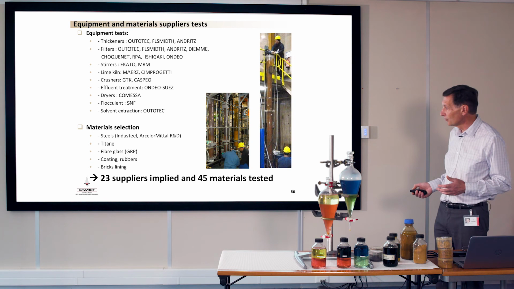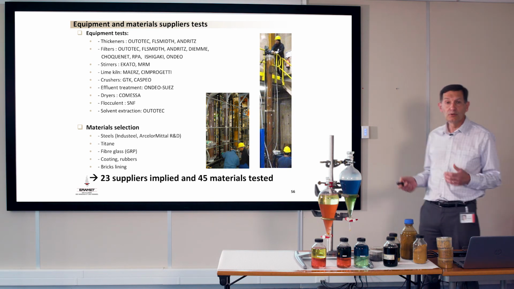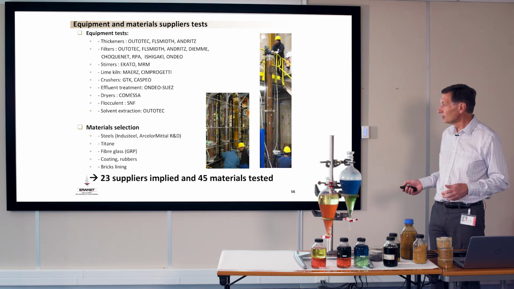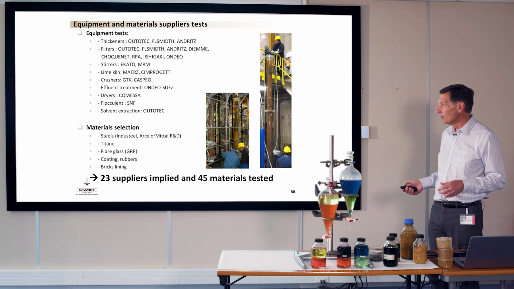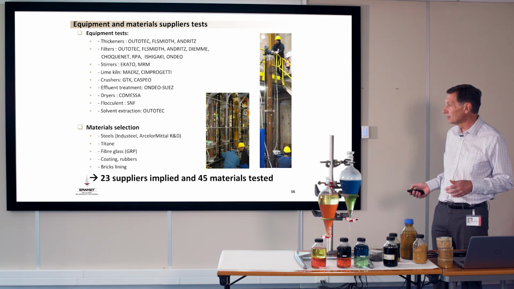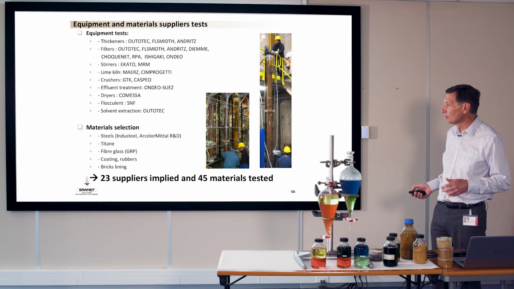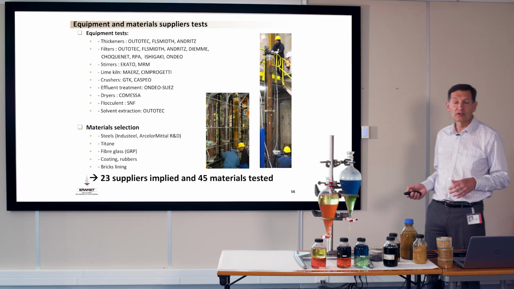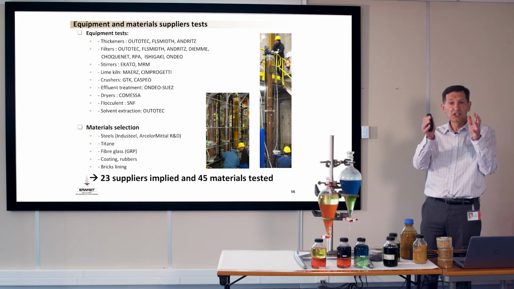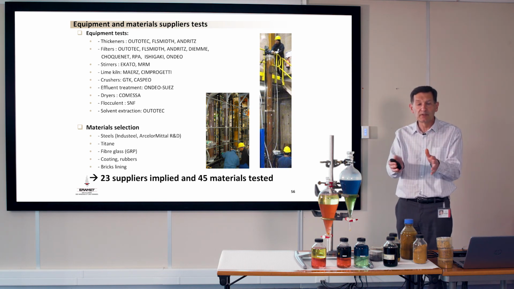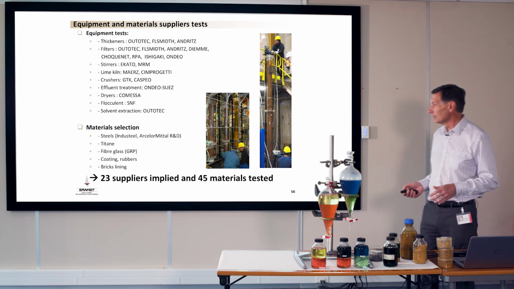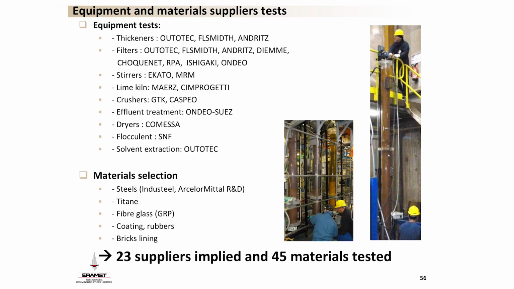You also have to test the materials you will use for the different steps. We have tested different kinds of steels, titanium, fiberglass, coating, rubber, brick lining, and so on, to be sure that at each stage you have the best equipment and that you will not dissolve it with a very aggressive system.